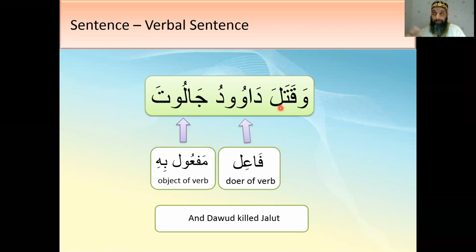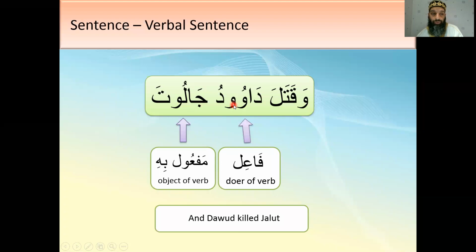Normally in my class, I make every individual person say it, but we have many people here, I can't do that. Even in hifth, you repeat and repeat and repeat. The rule is this: the doer of the verb is always marfu. So whenever you see, that's the rule. The doer of the verb is the one that is marfu. So which out of these two is marfu?